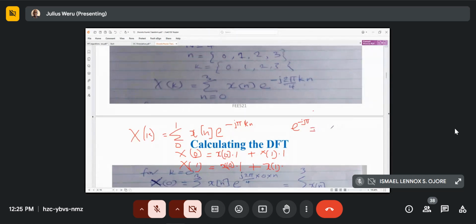So this is equal to cos minus pi plus j sine minus pi. Yeah, and this is simply minus 1. I think it's minus 1, is what we are saying.